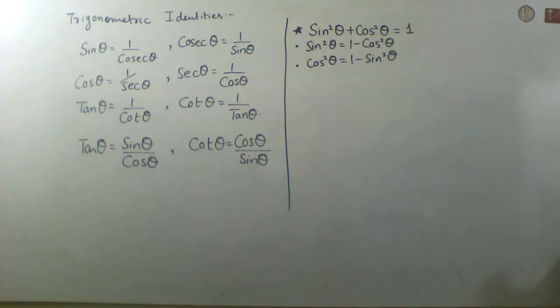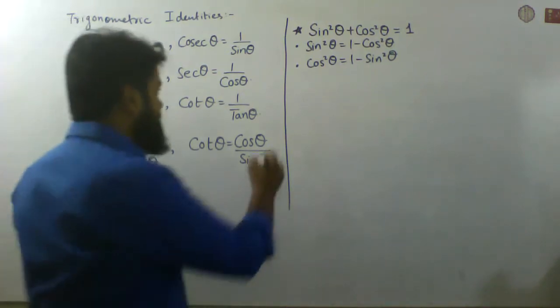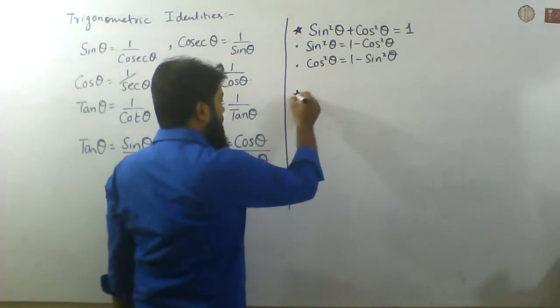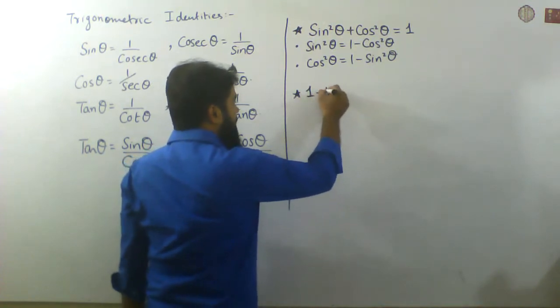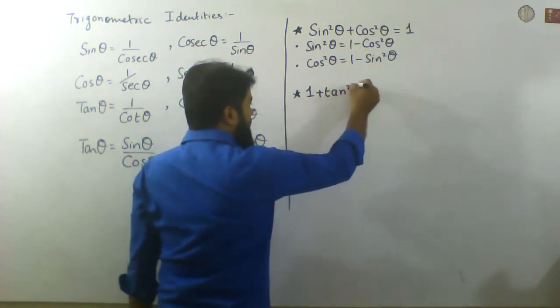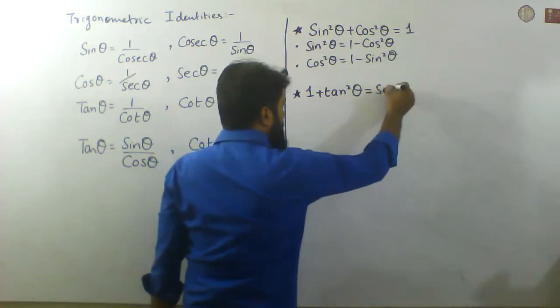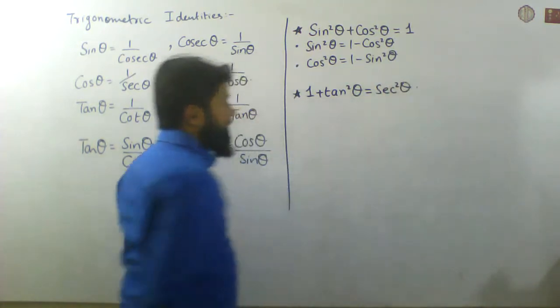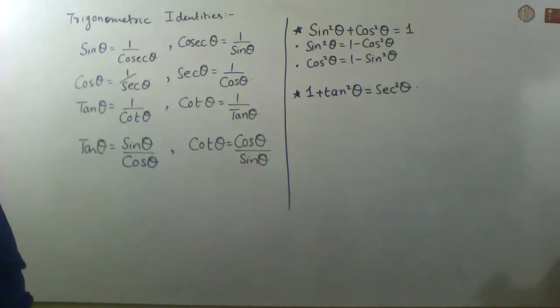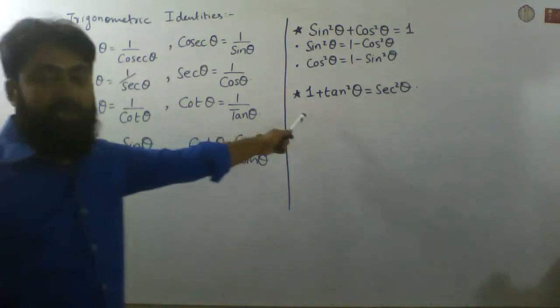The second one which we have got is 1 plus tan square theta equals sec square theta. That is another squaring property.